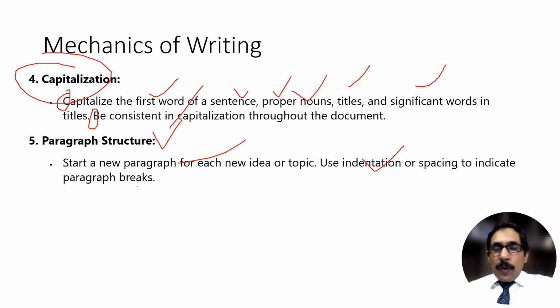If you have different ideas, use different paragraphs for different ideas. Instead of making an amalgamation of different concepts, use them separately. And there must be distance between two paragraphs. It must be identified, either indented or with a space, so that the paragraphs can be identified.